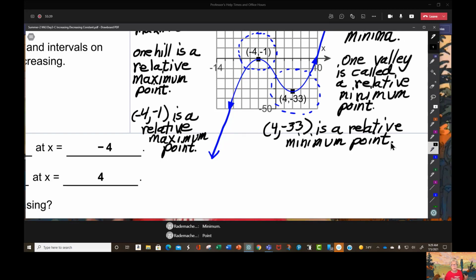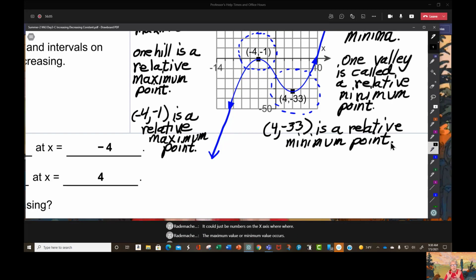Well, you remember how with quadratics, when we had a vertex, the x coordinate could be time, it could be items produced, it could just be numbers on the x-axis, where the maximum value or minimum value occurs.